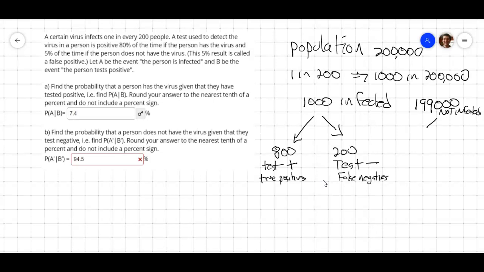Now, of the 199,000 that are not infected, we have that 5% of the time they'll be tested positive. So now I'm going to a calculator and multiplying that number by 0.05, and we get 9,950.